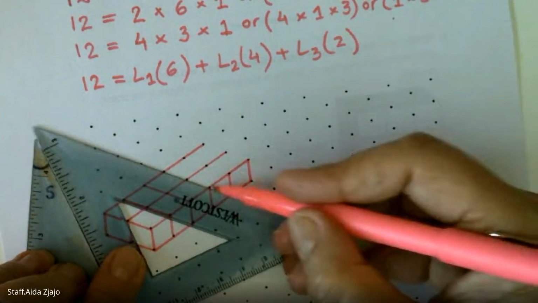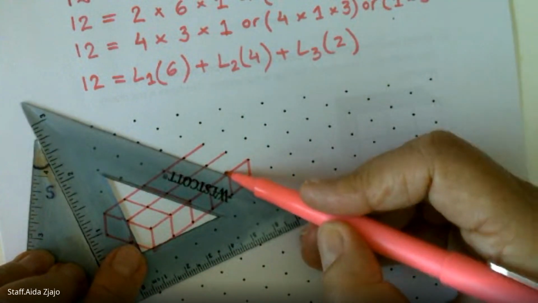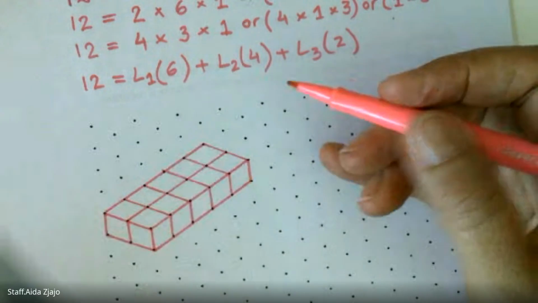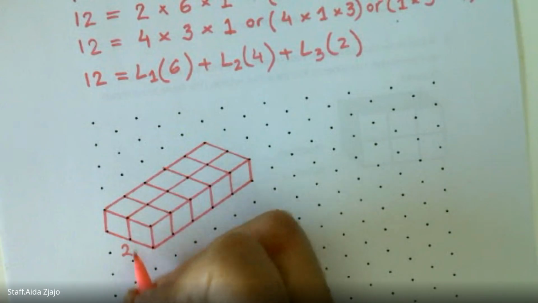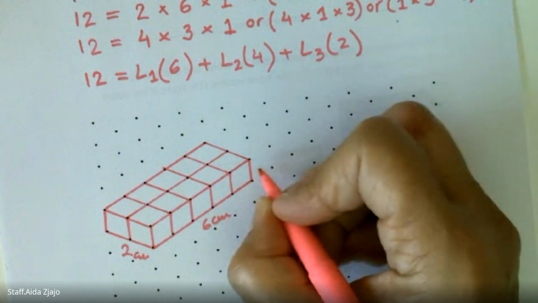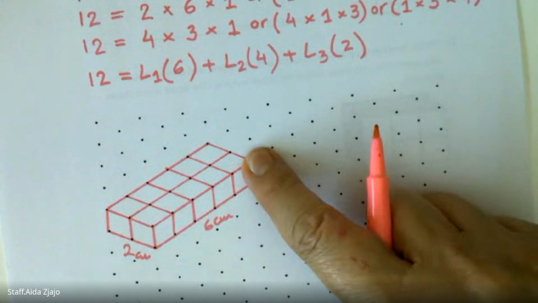This is 2, this is 2. So it's 2 centimeters by 6 centimeters by 1 centimeter, 2 by 6 by 1.